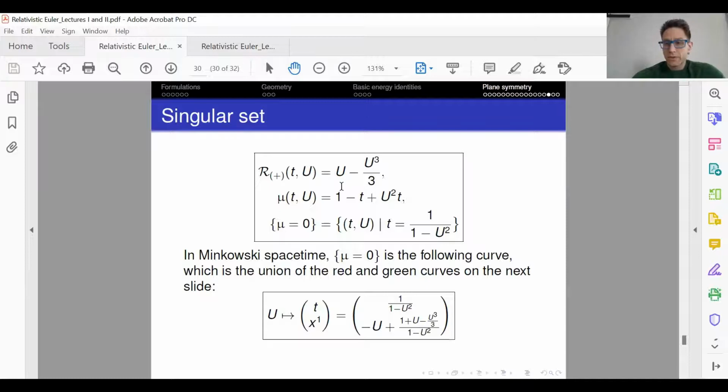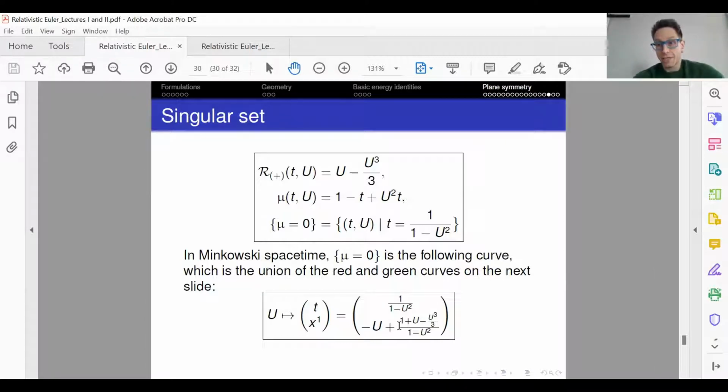And for this particular simple explicit model solution, you can do this explicitly. In TX1 space, you can parameterize the curve mu equals 0 with respect to U. And remember, I'm looking at the range, U goes from -1 to 1. And here's explicitly what this curve looks like.